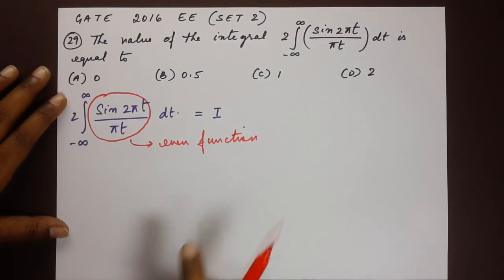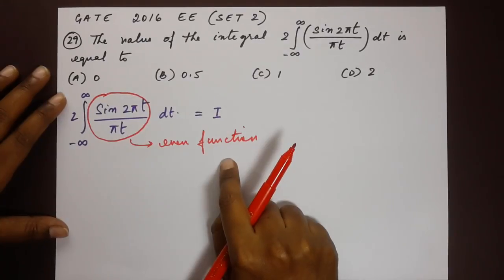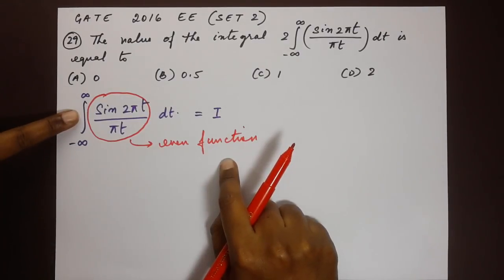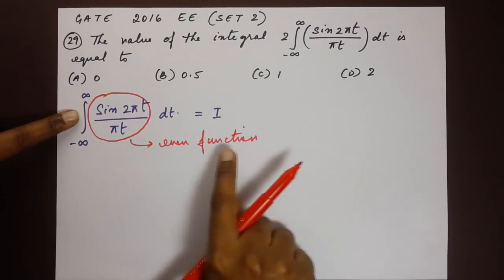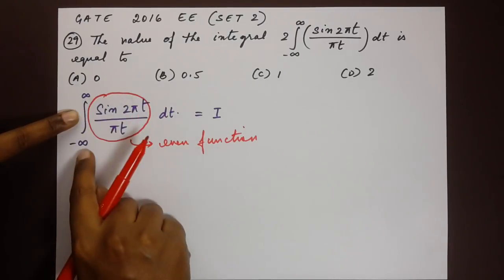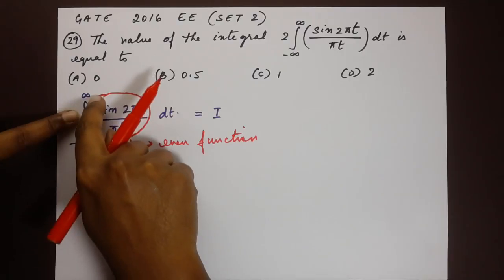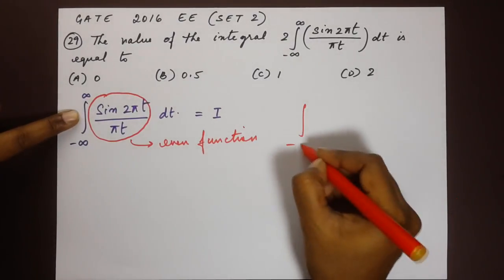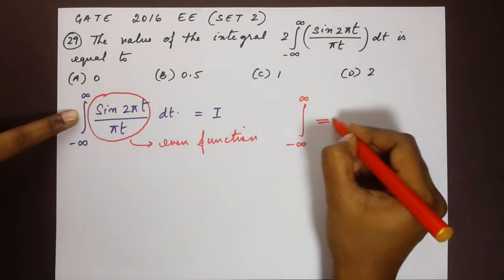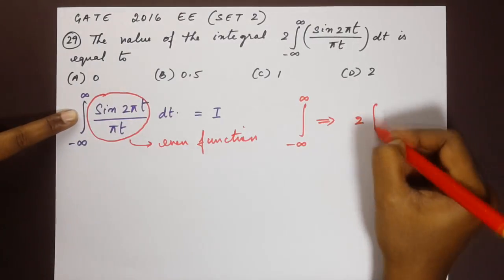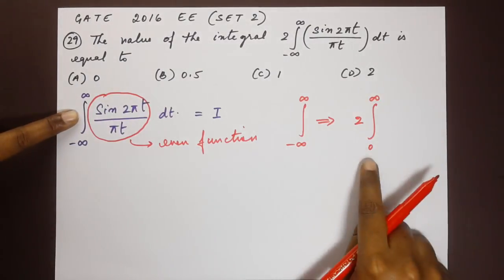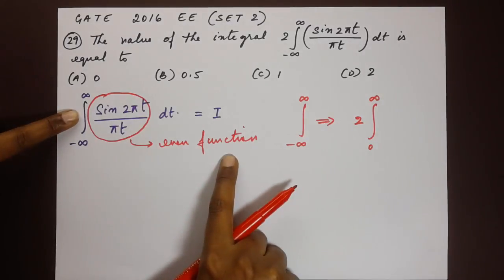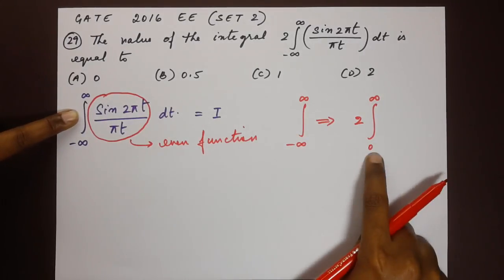Because it is an even function, we can split the integral from minus infinity to infinity and write it as 2 times the integral from 0 to infinity. This is only because it is an even function. Okay, so we can split it this way.